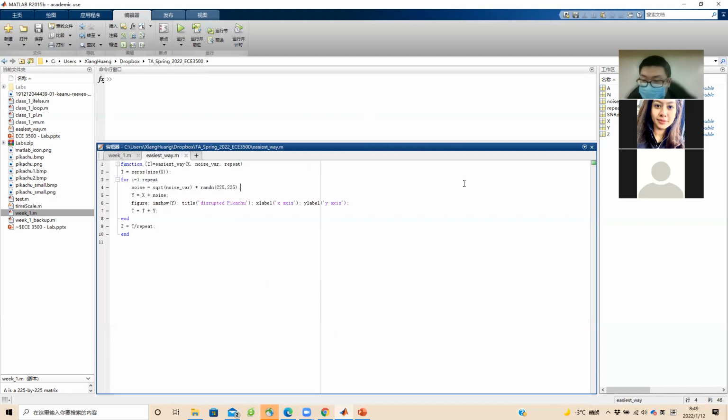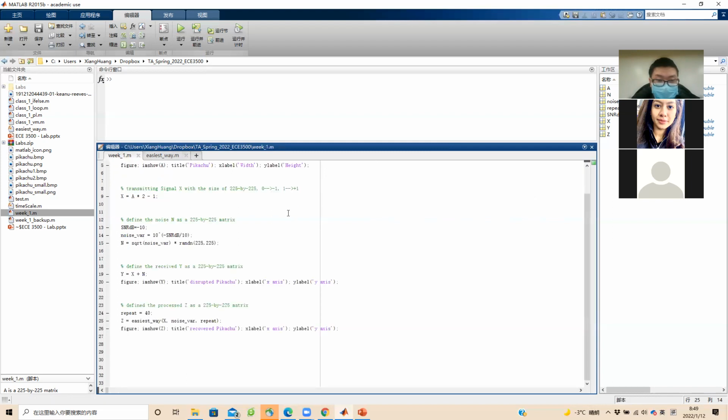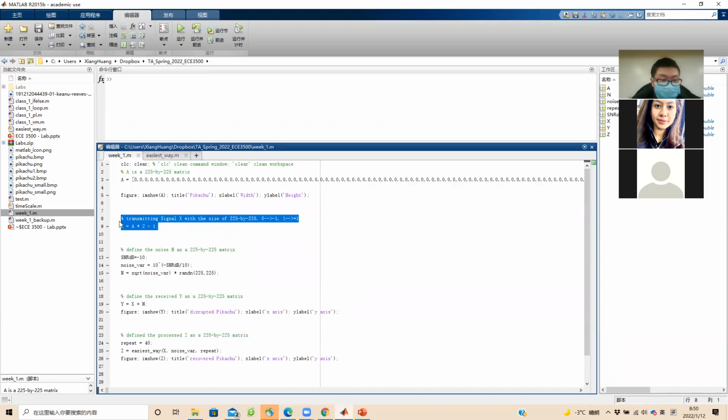I have a question. I'm not sure I quite understand what the transmitting part did to the signal X. Do you not understand the equation or the meaning? Just the meaning, like what is it doing to the signal?